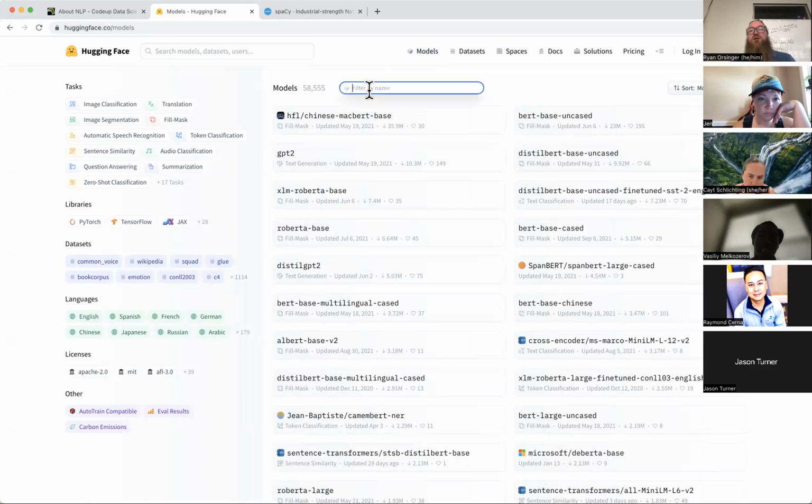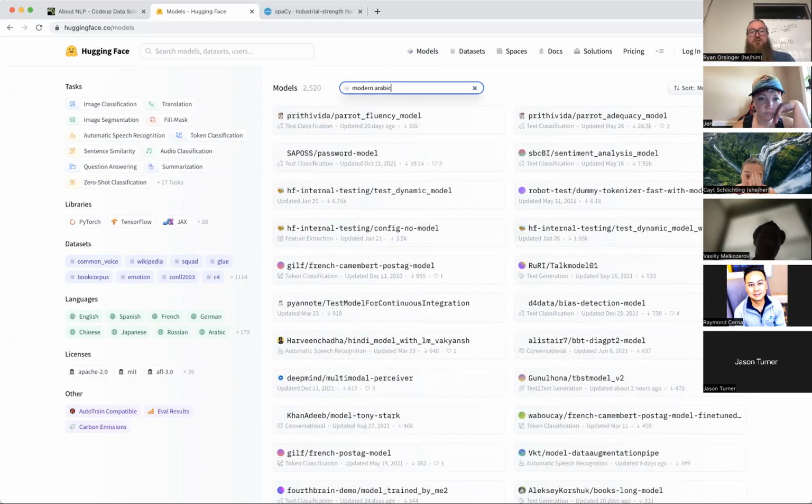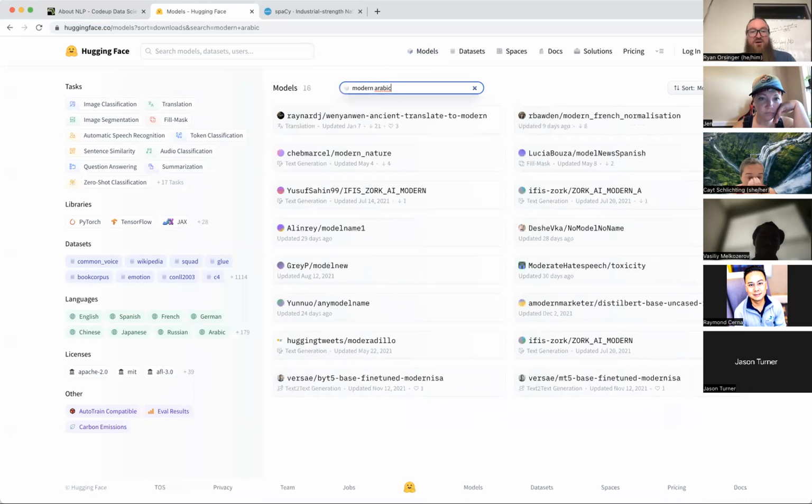Let's look for one on Modern Arabic. I don't see a specific model in there. We could say, you just search Arabic, there's something.